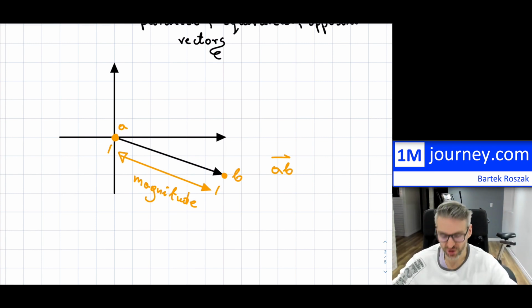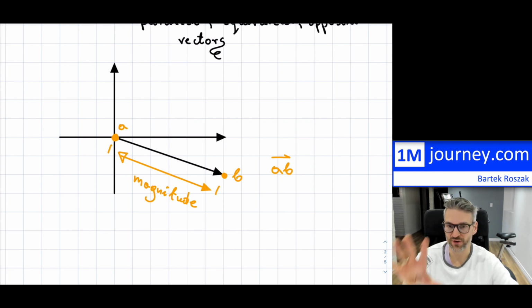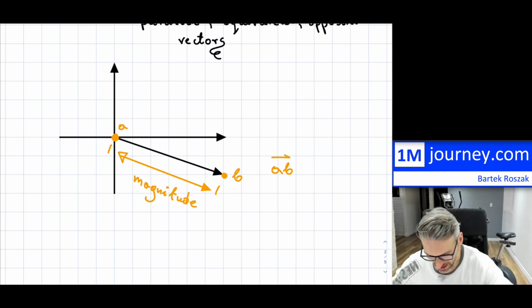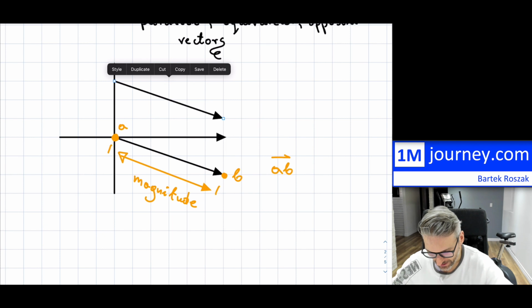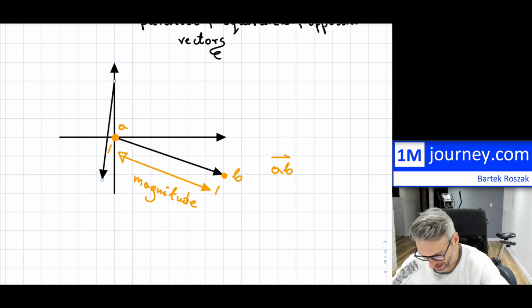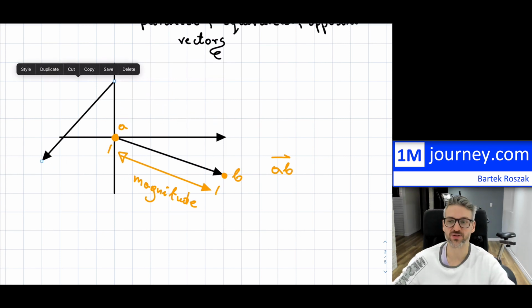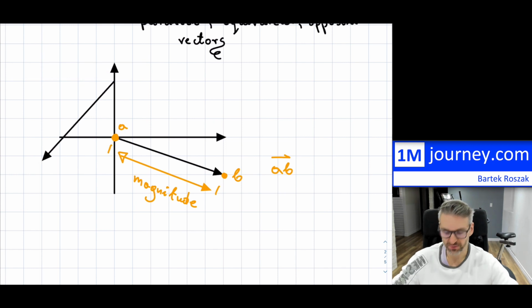So in terms of that magnitude, and now it also will have a direction associated with it. And that direction, as you can see visually, you can clearly see that there is a direction. I can take this, right? I can duplicate it. Now I can move it all the way around and shift it over here, or I can swing it back, let's say move it like this, where the magnitude might be the same, but the direction is not.